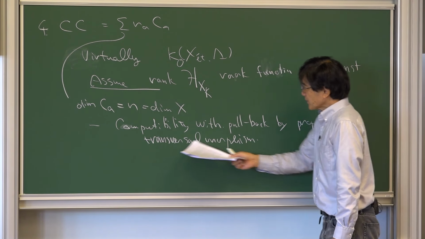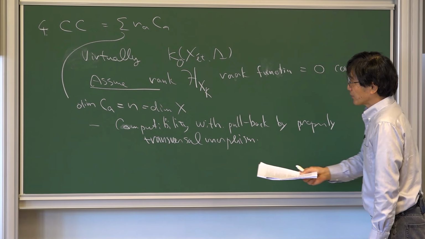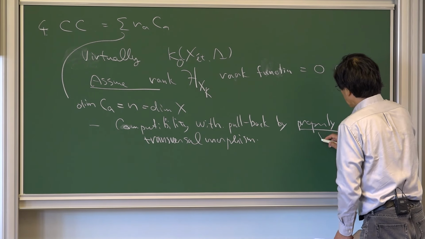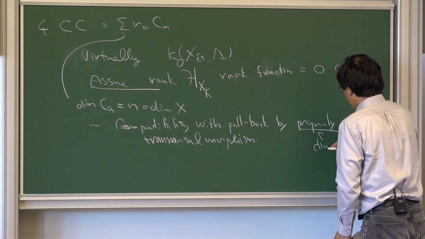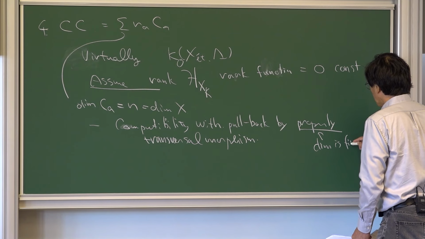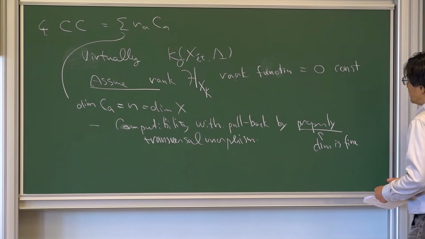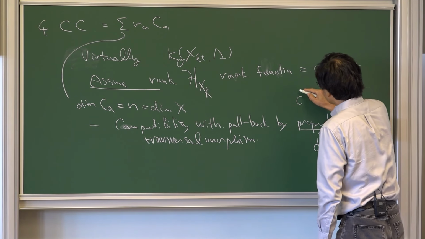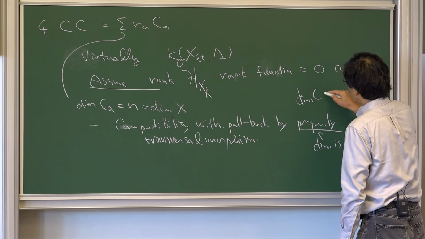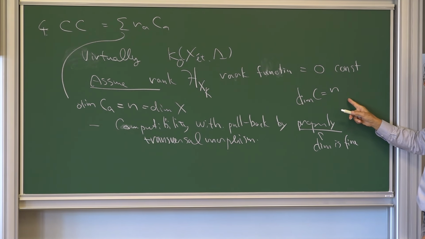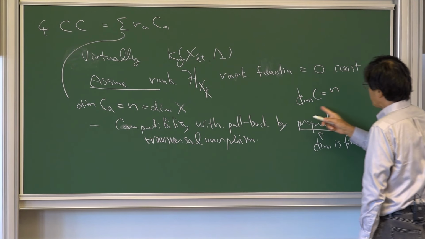So transversality we are already discussing, and this property means that the dimension is fine. Namely, under this condition, before pullback we have good dimension.